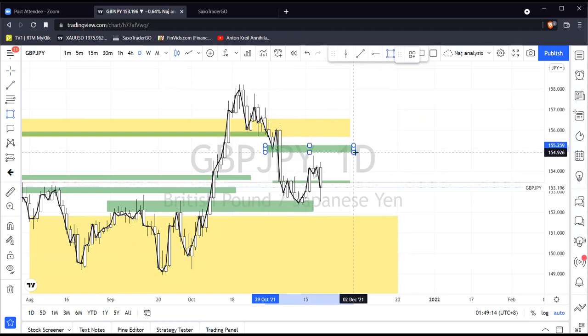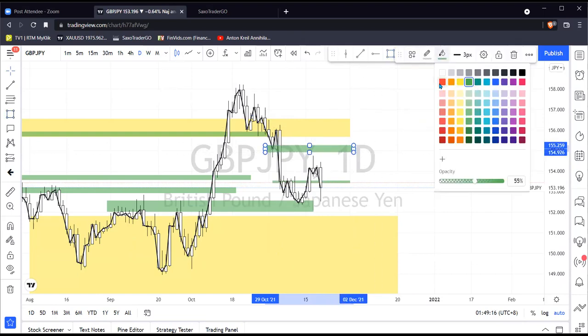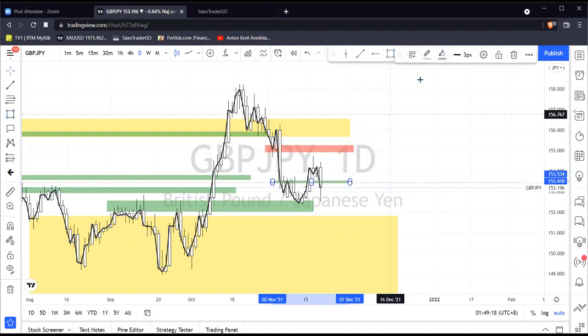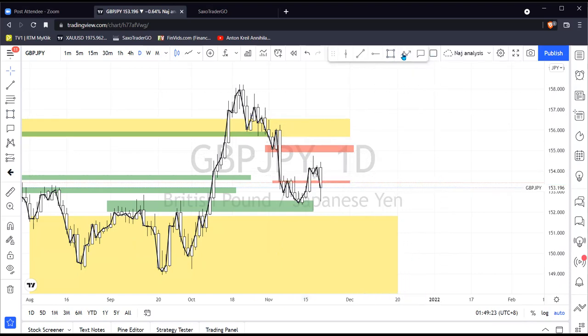And let me just change this to, let's see, red color. So remember how I said earlier how I mark? So this would be for intraday trades. Sorry. Remember how I told you guys earlier how I mark the zones? So this is actually a shortcut for you guys on how to identify the direction.